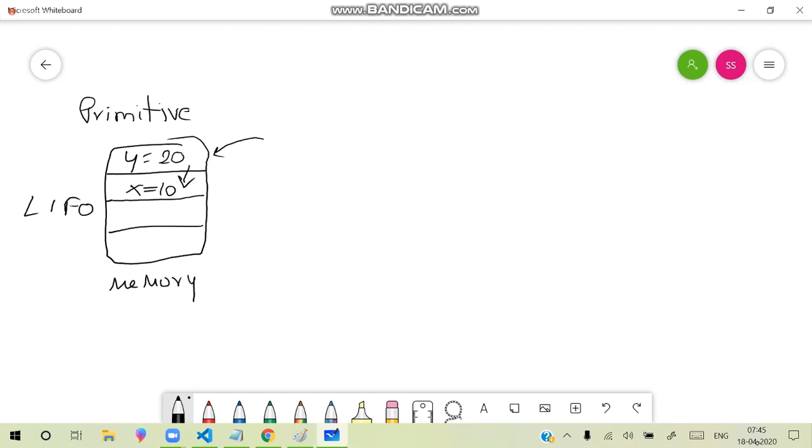The last value that you inserted is the first value that comes out. It uses the mechanism last in, first out.